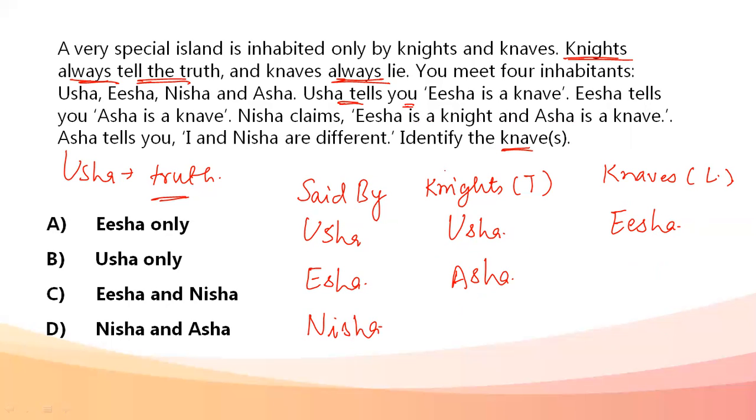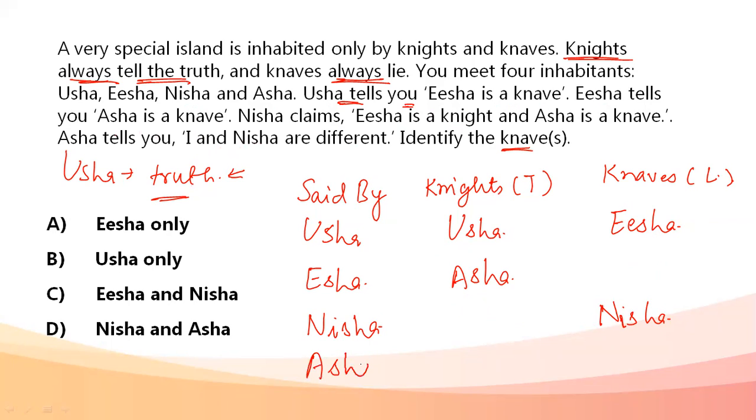Accordingly, if we put all those conditions together, we figure out that Nisha is going to lie, because the argument given by Nisha is contradictory to the assumption. Since we have assumed Usha is telling the truth, everything with respect to that is going to come up.